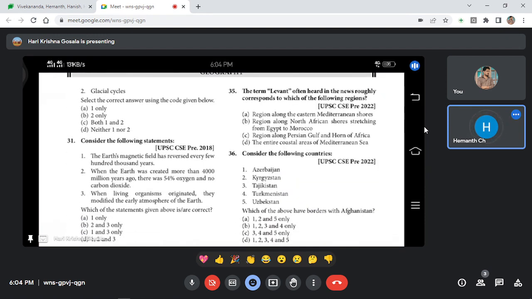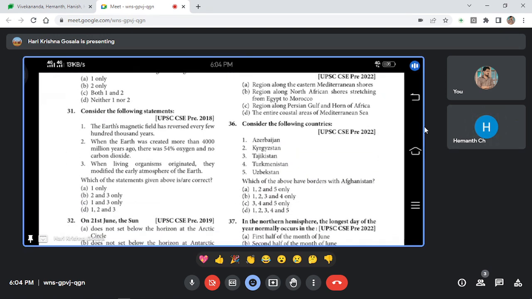Next, consider the following statements. The Earth's magnetic field has reversed every few hundred thousand years. When the Earth was created more than 4,000 million years ago, there was 54% oxygen and no carbon dioxide. When living organisms originated, they modified the early atmosphere of the Earth.